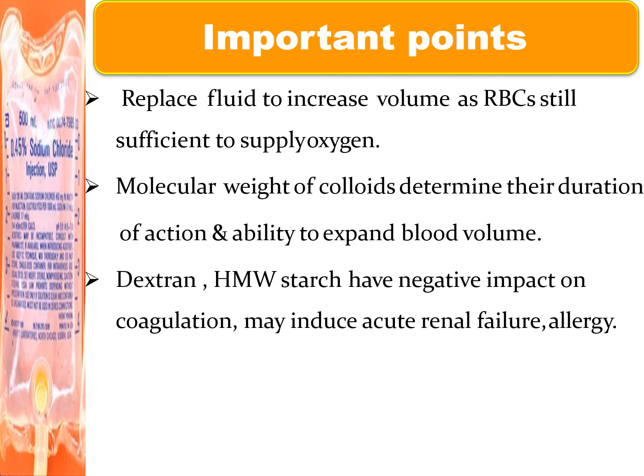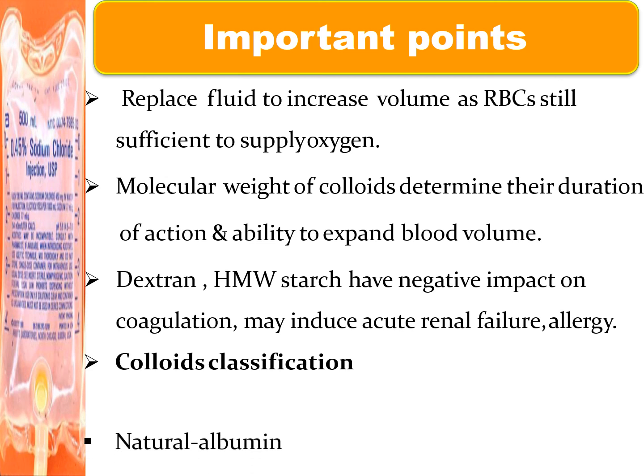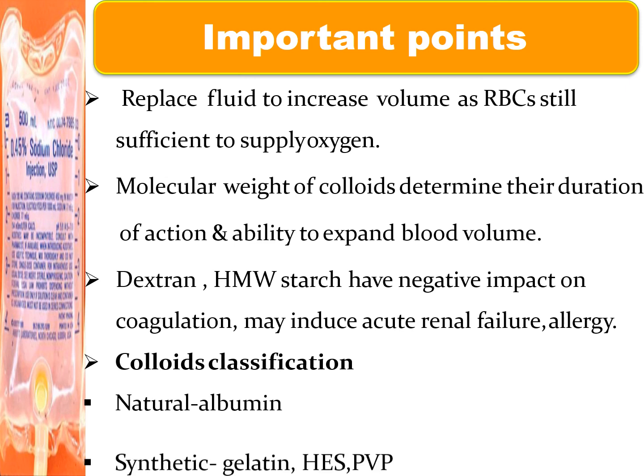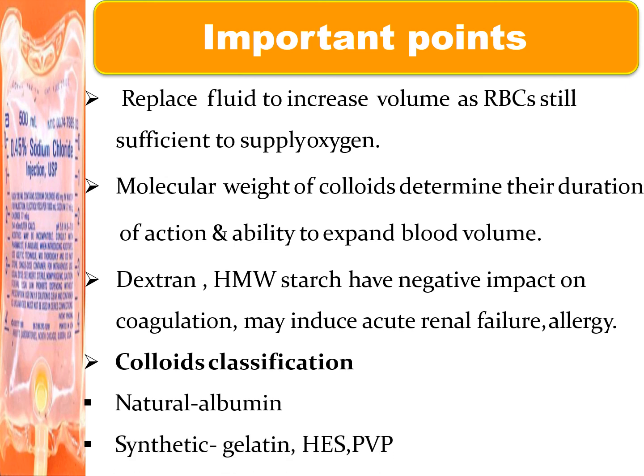Then dextran and high molecular weight starch have a negative impact on coagulation and may induce acute renal failure or also allergy. The colloids are classified into two categories. The first one is natural colloids, for example albumin. The second is synthetic colloids like gelatin, hydroxyethyl starch, and polyvinyl pyrrolidone.